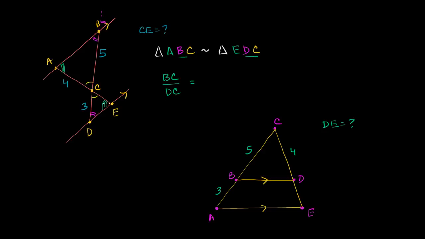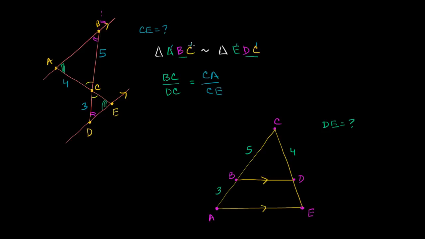the length of, well, we want to figure out what CE is. That's what we care about, and I'm using BC and DC because we know those values. So BC over DC is equal to, what's the corresponding side to CE? It is CA, so CA over CE.